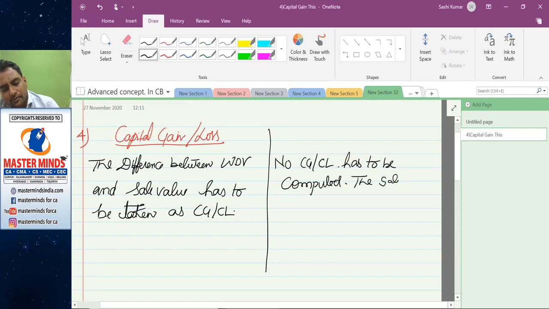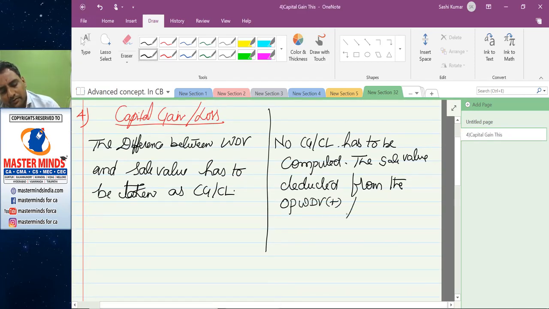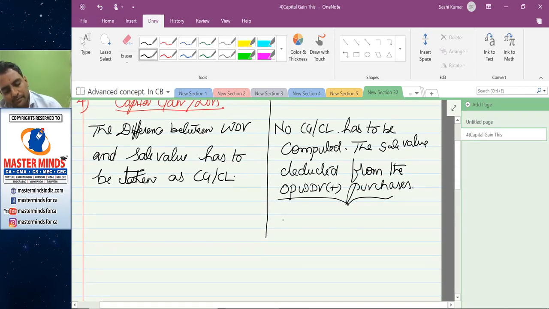The sale value is deducted from the opening WDV plus purchases, then depreciation will be provided.